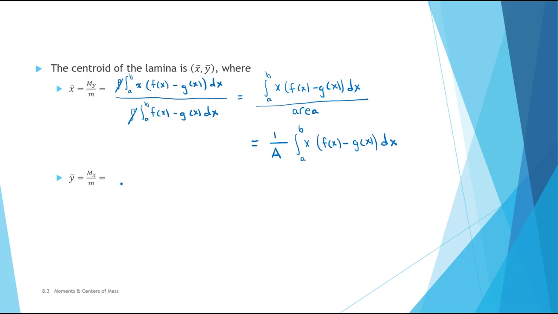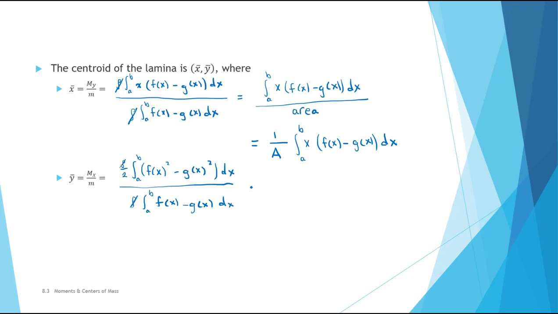Similarly, the y value is the moment about the x-axis divided by the total mass. The moment about the x-axis is rho divided by 2 times the integral from a to b of f of x quantity squared minus g of x quantity squared dx. Again, the mass is rho times the integral from a to b f of x minus g of x dx.